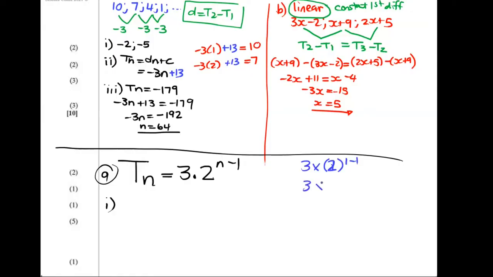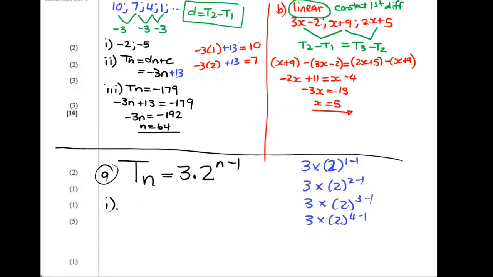Then I'm going to type in 3 times 2 to the 2 minus 1, 3 times 2 to the 3 minus 1, 3 times 2 to the 4 minus 1. It's only for 2 marks, so I don't need to try and write down all that I've put there for you.